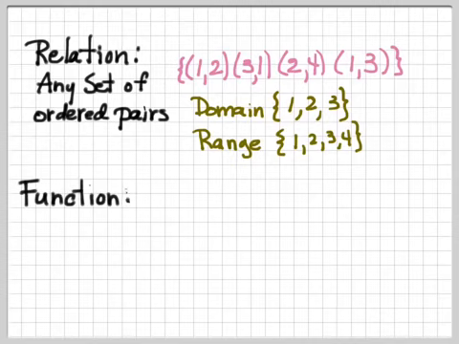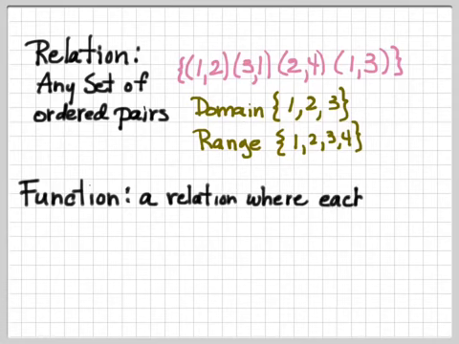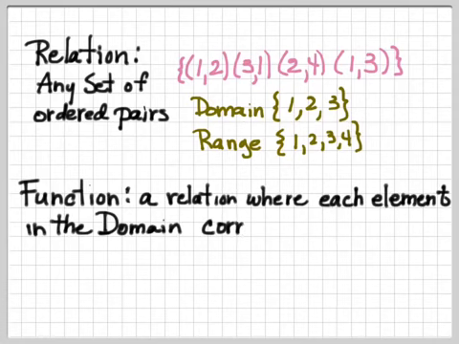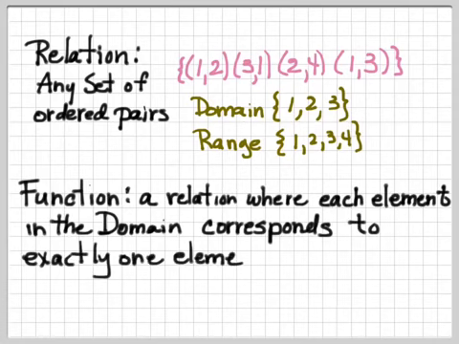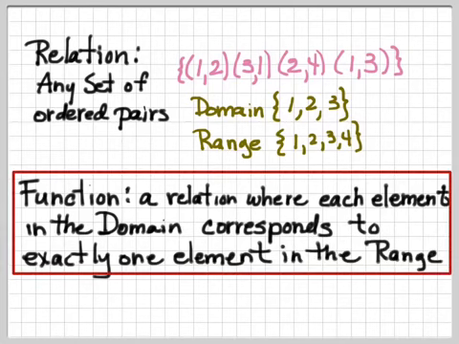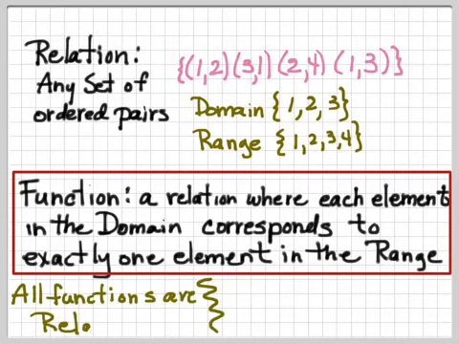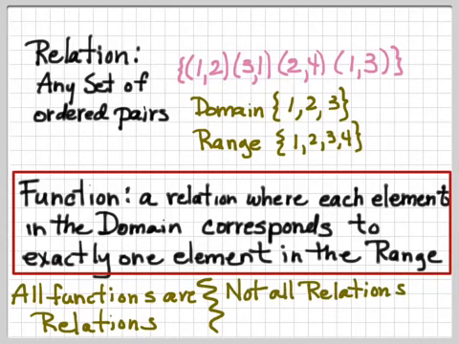Okay, now let's talk specifically about a function. A function is a special case of a relation. And the definition is, a function is a relation where each element in the domain corresponds to exactly one element in the range. You should remember this from Algebra 1 and Algebra 2. All functions are relations, but not all relations are functions.